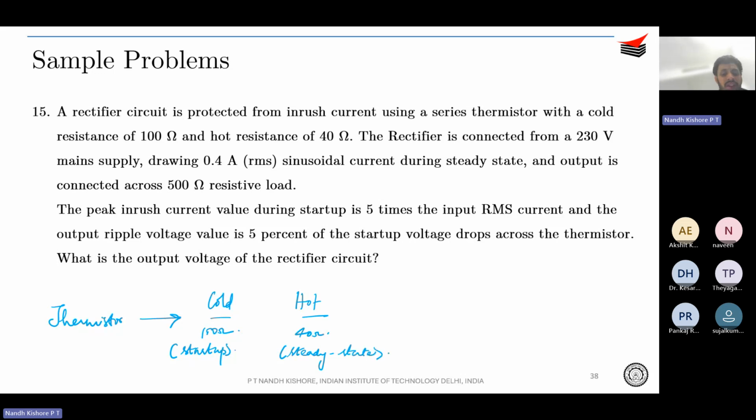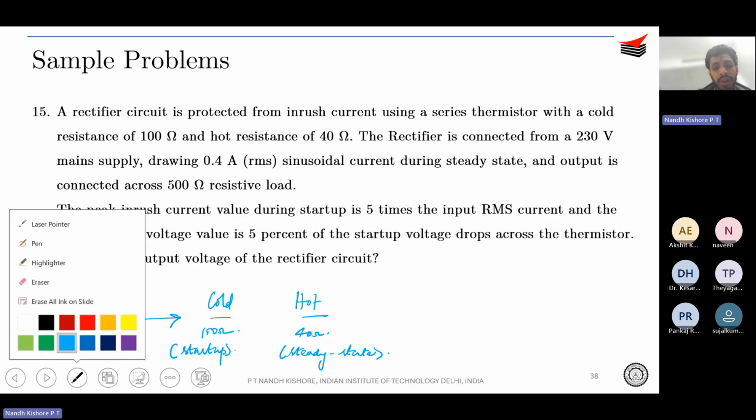When the converter is operating at steady state, you don't want the thermistor to come into play, because we obviously saw in the previous problem that the series resistance is going to cause losses.